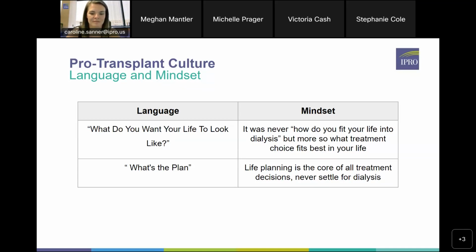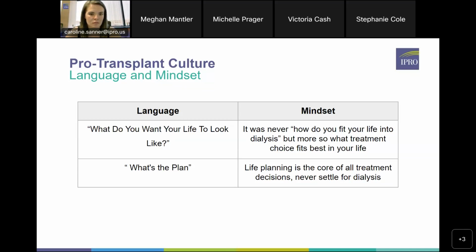It's an action plan that's continually evolving, just like that plan of care that we do every year for our patients. It's constantly being worked on. And it's a part of your life plan. It's just as important as an advanced care plan. It's just as important as choosing your modality, because in fact, transplant is a modality, right? So it's just, what's the plan?